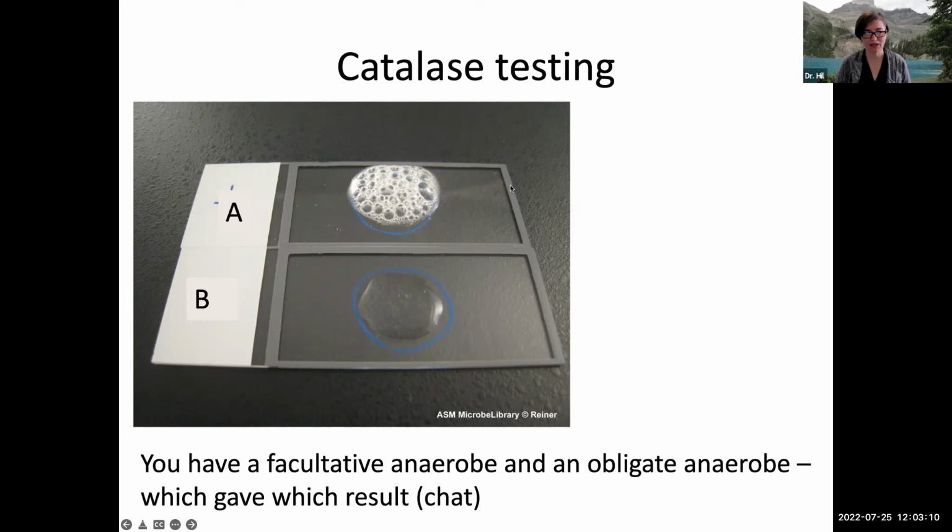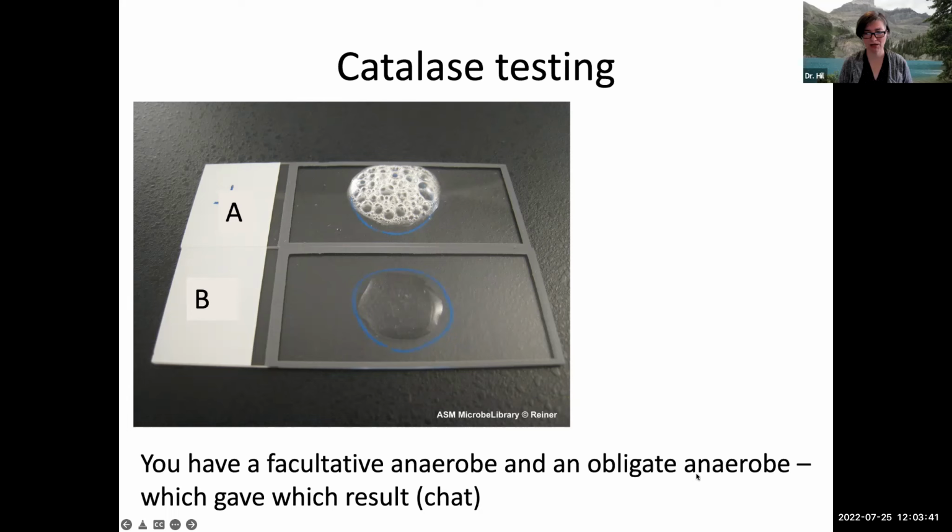Okay. And obviously, there's the positive result, and this is a negative result. So let's suppose you have a facultative anaerobe and an obligate anaerobe. Like one of these samples is the one and one of these samples is the other. I earlier told you that if you knew these categories, you couldn't be sure about catalase. But if you know that you have one of these and one of those, and this is what you get, who's the positive?